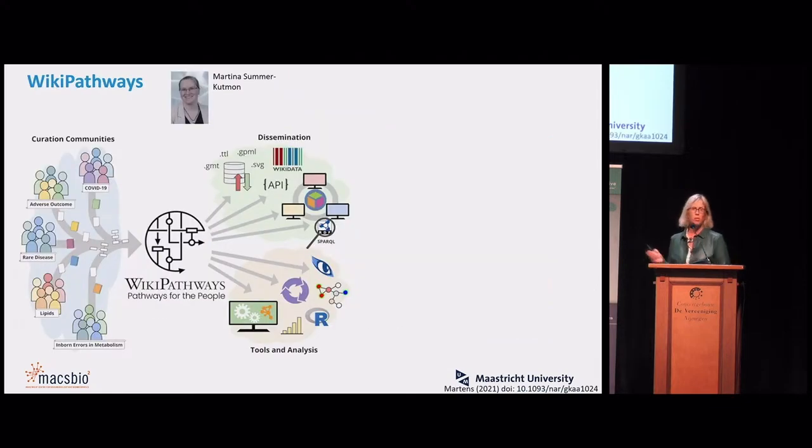So Dr. Martina Sommer-Koopman is one of the architects of WikiPathways, which, since the beginning of this decade or a bit longer even, has been collecting this biological knowledge in an open source, community curated way, so that everybody can use this information to map their data, visualize their data, and analyze their data.